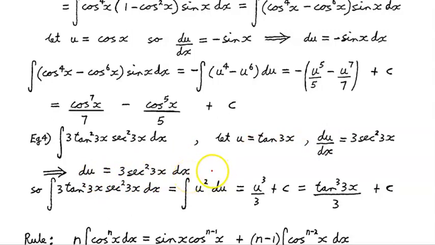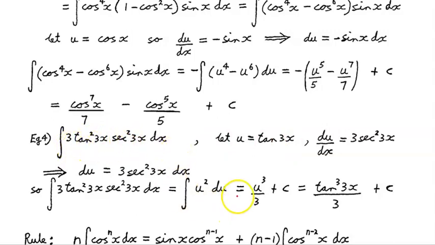And the integral of 3 tan squared of 3x times sec squared of 3x is u squared. That 3 out front ended up being absorbed in the du, so we didn't need to put another 3 here. So we get u squared du, because we're just substituting in tan 3x, squaring it to get us tan squared 3x.